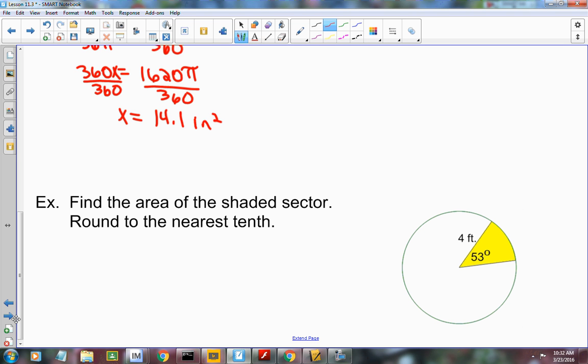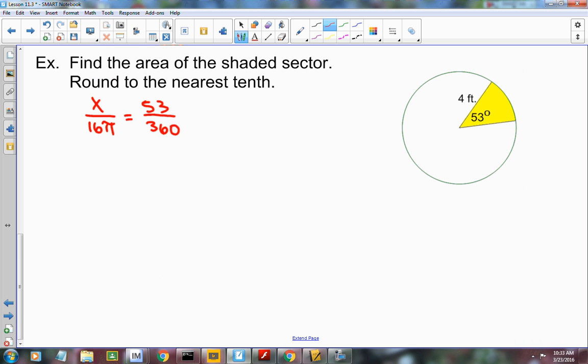All right. So we want to find the area of the shaded sector, rounded to the nearest tenth. So the sector is what I'm looking for. That's my unknown. I have a radius of 4. So is the area of the sector over the area of the circle? What's the area of the circle going to be? 16 pi. Okay. And then what do you put next? 53 over 360. Good. All right, so we cross multiply.